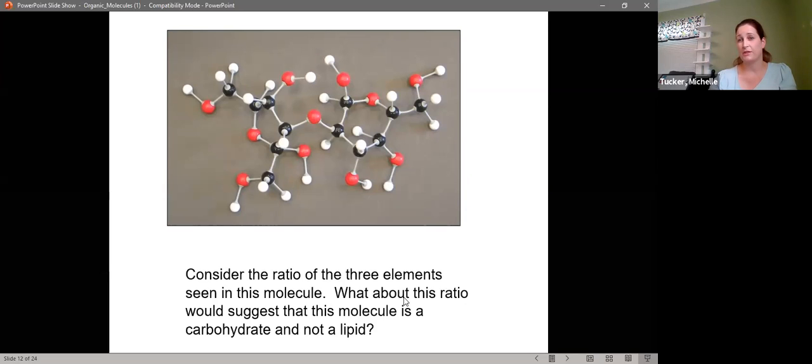What percentage is carbon? Yep, carbon's 25%, hydrogen's 50%, and oxygen is 25%. So that ratio is very, very different between carbohydrates and lipids.